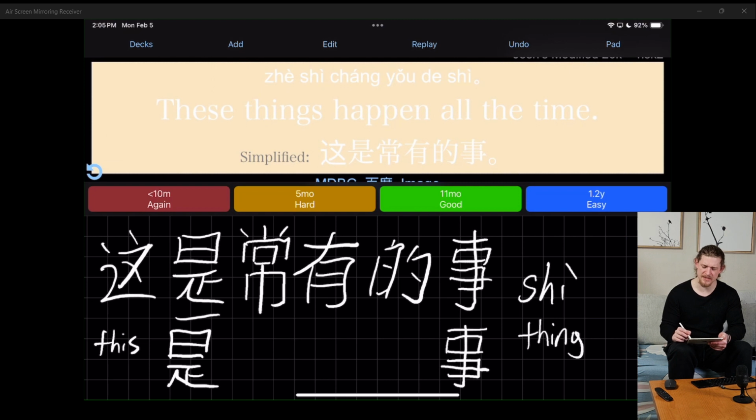But this one, this 是, is more about abstracts, right? So it's about situations, or it's about thoughts or ideas. So those types of things where we could say, this is a very complicated thing, right? It's a very complicated matter in English. So I might say, politics is a complicated thing.